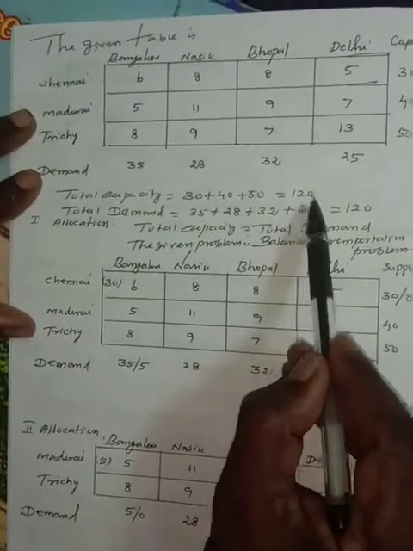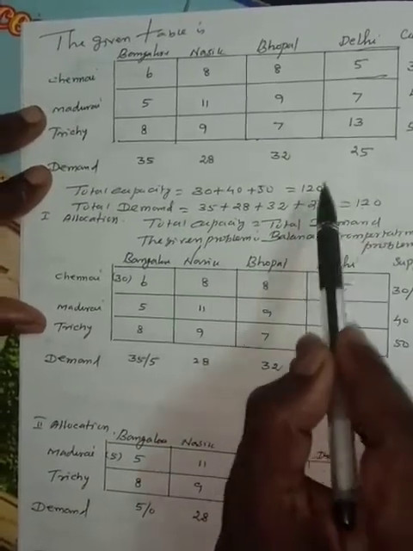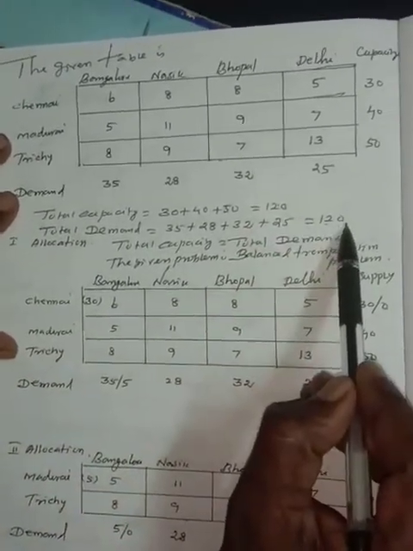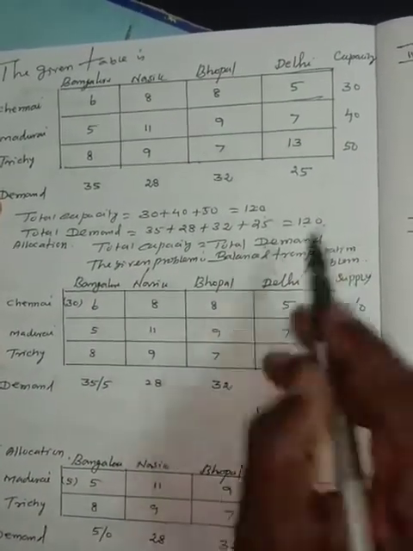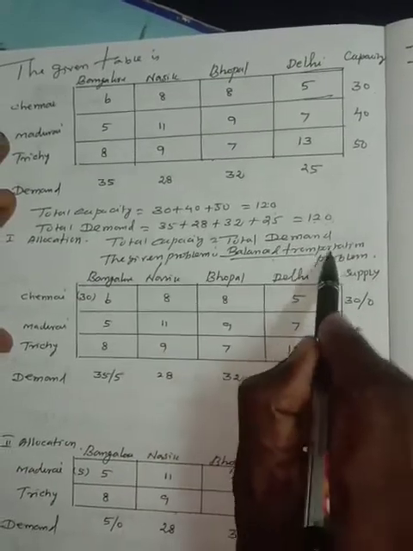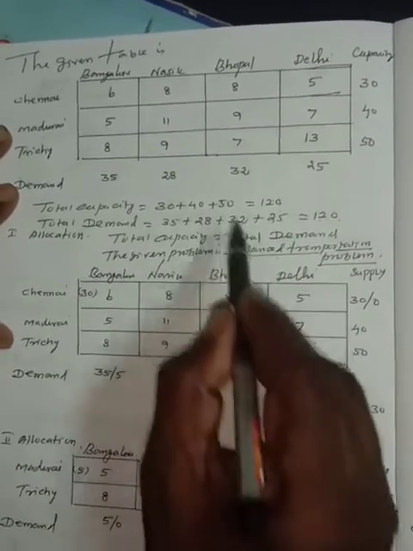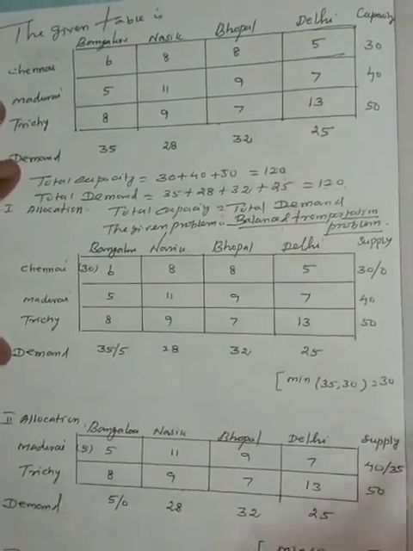So 120, 120. The total capacity is equal to total demand. So the given problem is a balanced transportation problem. When these two are equal, it is a balanced transportation problem.